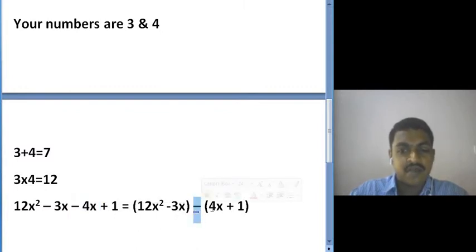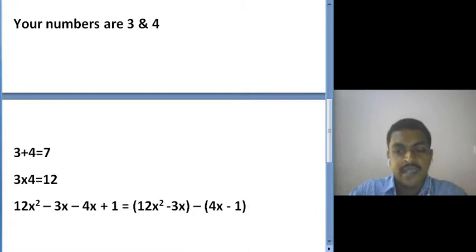Minus multiplied by 4x is minus 4x, so that is fine. And after minus 4x you have got positive 1. So minus times positive 1 is negative 1, not positive 1. So we want a positive 1. So in order to get a positive 1, we are going to put a minus 1 here. So you use the bracket for the first pair of two terms, then the next two terms.